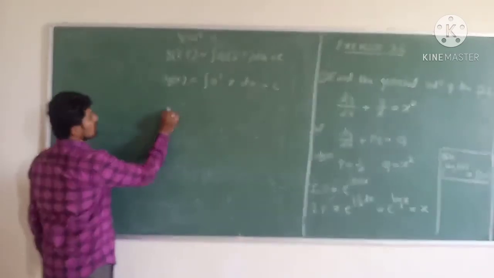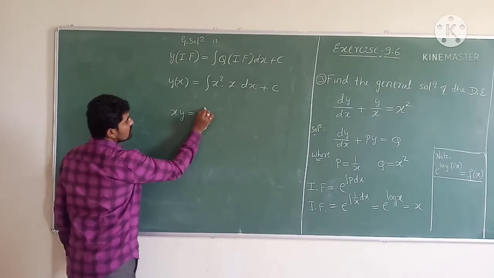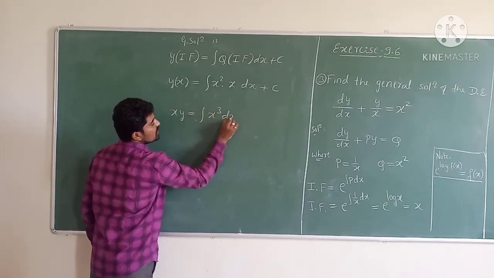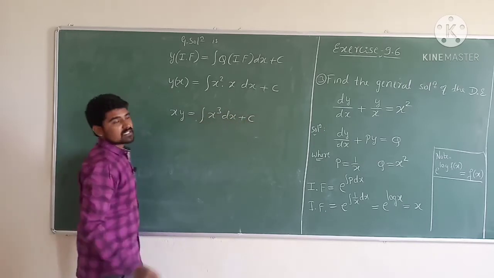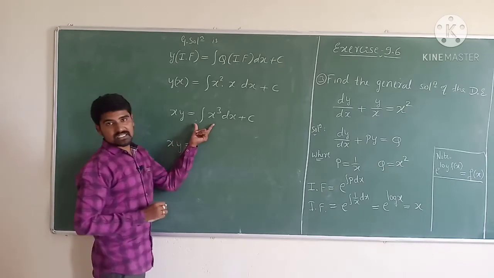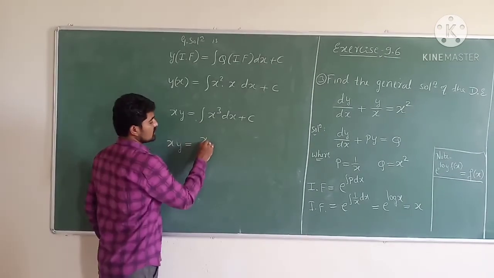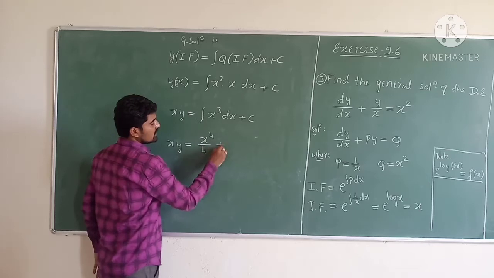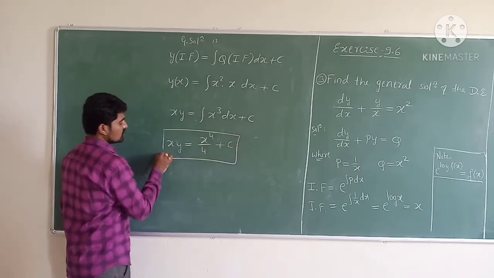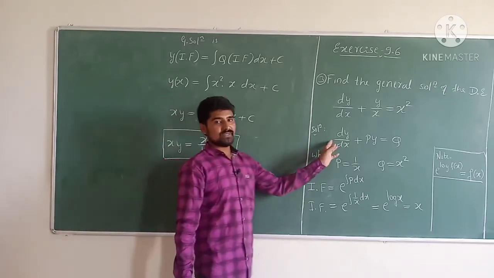So y into x is xy, which is equals to integration of x square into x, which is x cube, with respect to x plus integral constant. Therefore, xy is equals to integration of x cube, which is x raised to 4 divided by 4, plus integral constant c. And this is the required general solution for the given differential equation.